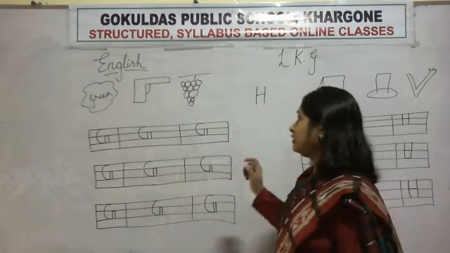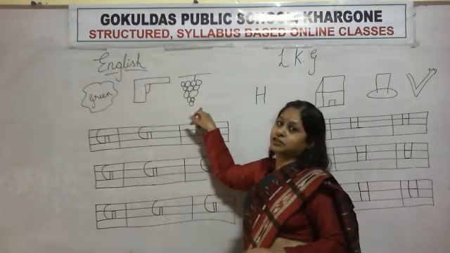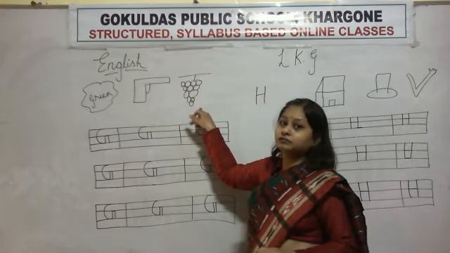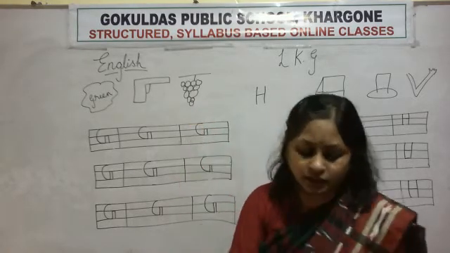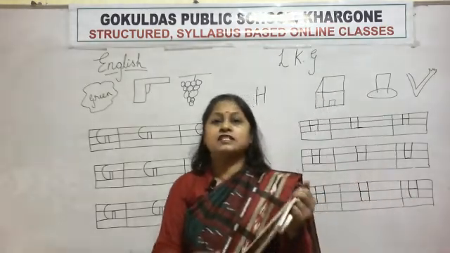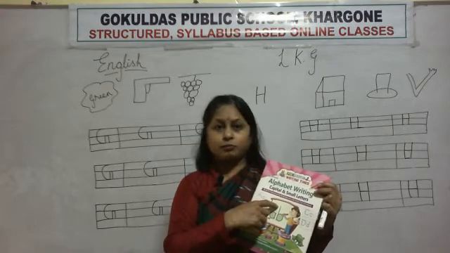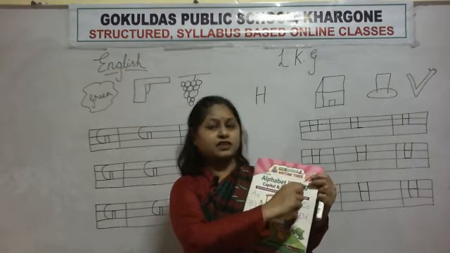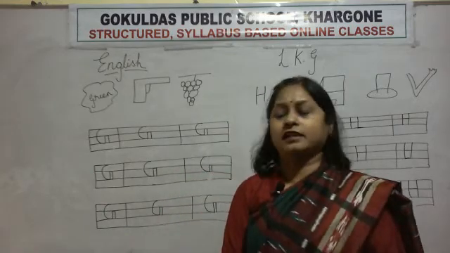Okay? One page of G. First you have to draw the pictures on the first line of the page. Okay, look here. Suppose this is your book. This is a notebook. You have to draw the picture here, and then down you have to write the letters.